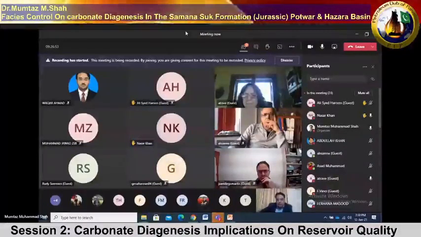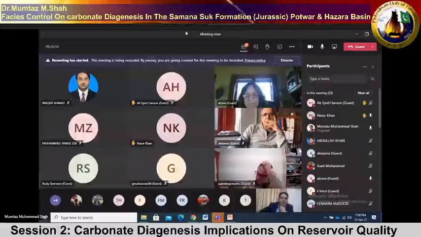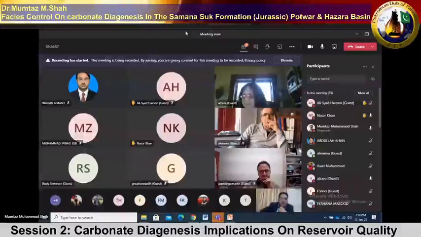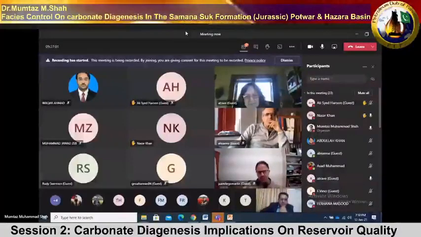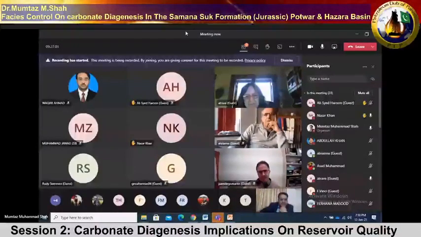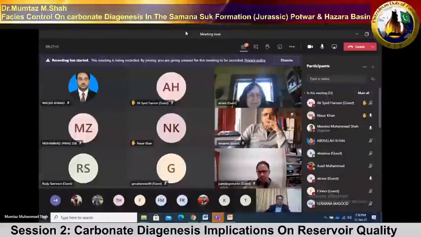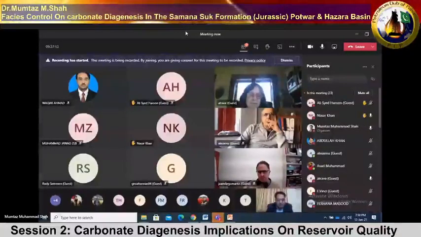Nice question, Nasir. In fact, we believe that there are two possible sources of dolomitization in this succession. The first one resulted in the matrix dolomite in the earlier phases, which have signatures similar to marine sea water.